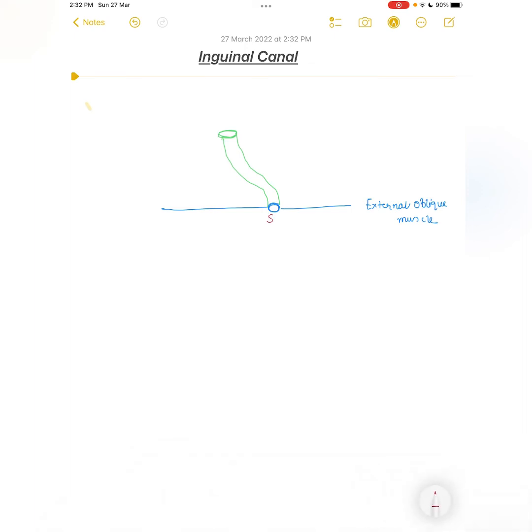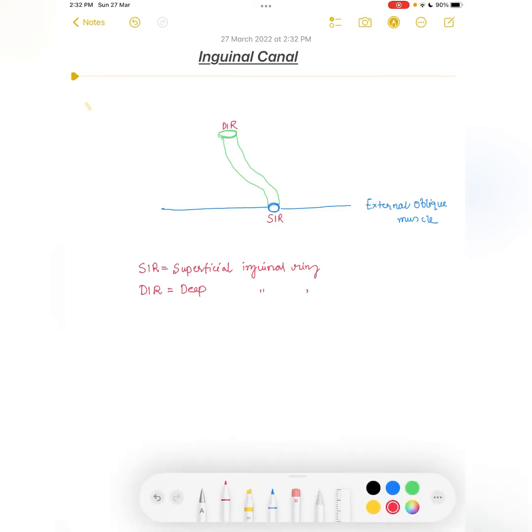This is the superficial inguinal ring, this is the deep inguinal ring. So SIR is equal to superficial inguinal ring, and DIR is equal to deep inguinal ring.